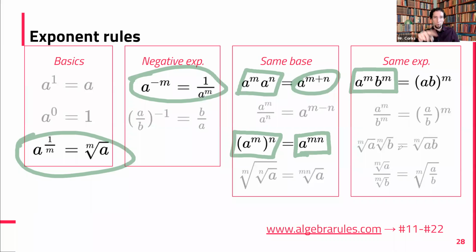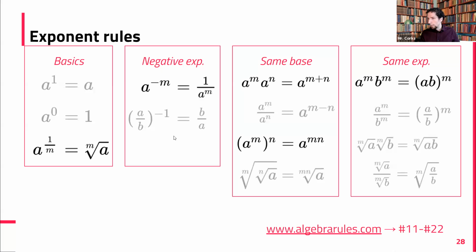So if you can remember these 5, the rest of these other ones just follow automatically, from combining these rules, or from logic or common sense. So if exponents are a harder thing for you, or you've forgotten some stuff, focus on these 5, and that should get you through any exponents situations that you encounter.